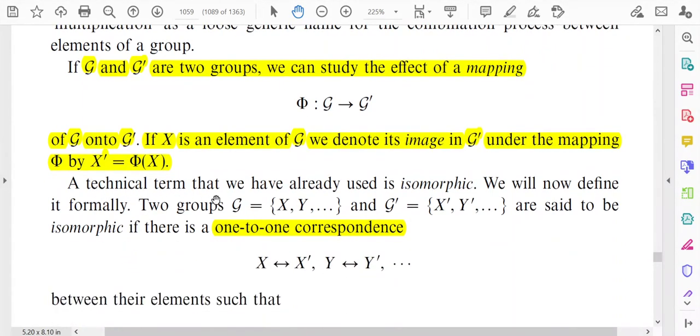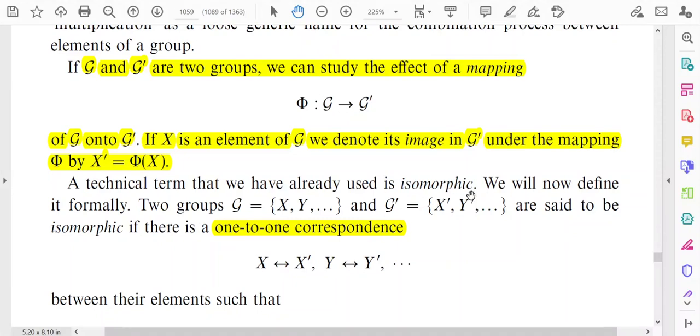A technical term that we have already used is isomorphic. We discussed the term isomorphic when we discussed the multiplication table in our earlier lectures. So I request the viewers to listen to that lecture on the multiplication table, in which we defined this term, and the concept of the multiplication table is necessary for this discussion.